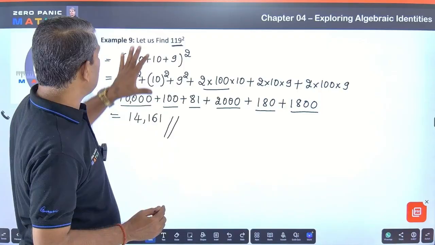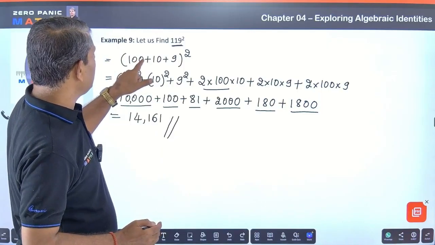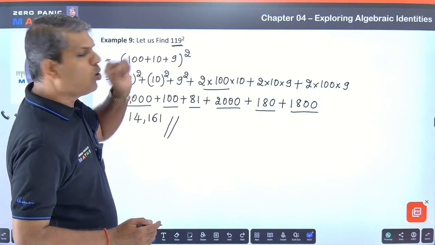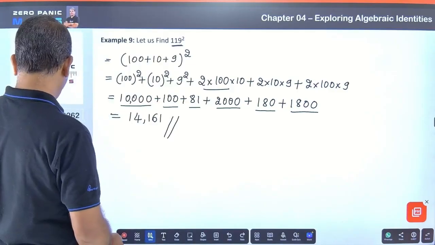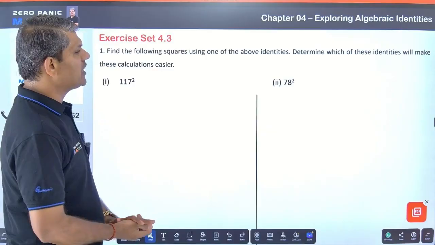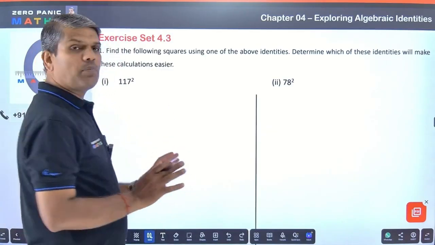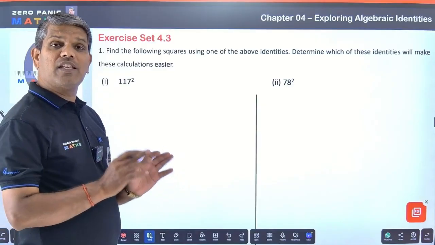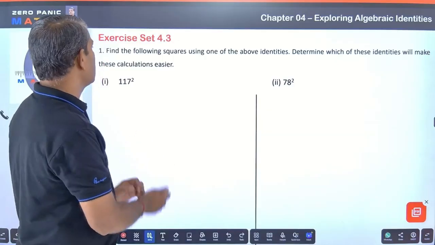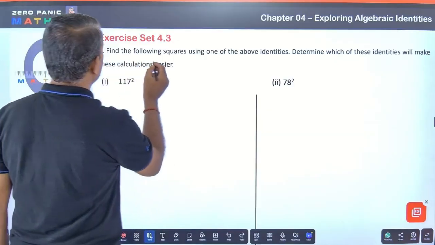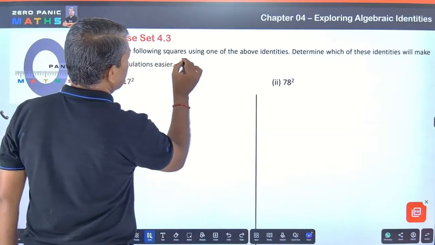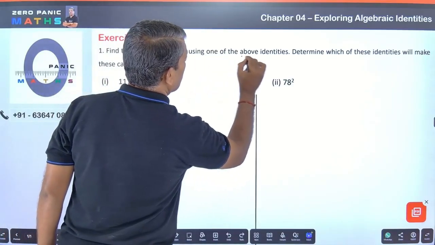This is the example which is based on the identity (a plus b plus c) whole square. There will be some exercise sets which are based on that only. Here in exercise 4.3, we are applying the formula (a plus b plus c) whole square that we have just studied. Let us read the first problem set, that is, find the following squares using one of the above identities.